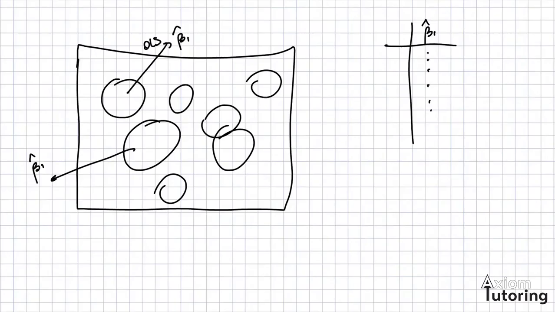Now the thing is, because you're picking different random samples, the betas that you are estimating are slightly different from one another. So all of them, hopefully, if you've done everything correctly, should give you a beta hat that is close to the truth, meaning to the true beta.